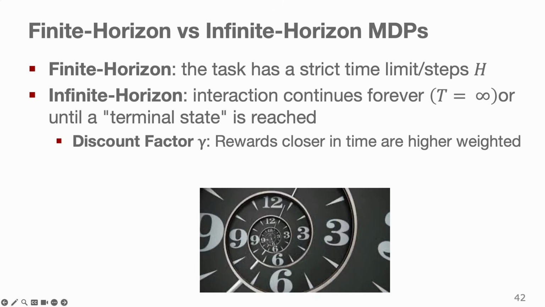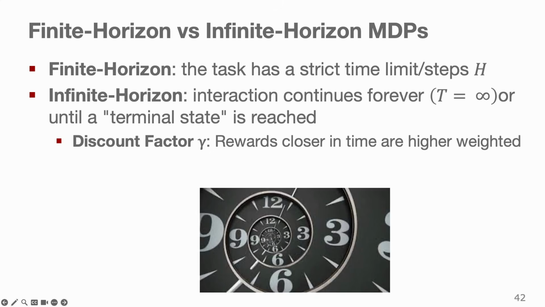And then we have infinite horizon MDPs, which technically continue forever to infinity or until a certain terminal state is reached. And this is more common in autonomous navigation or long-term kind of tasks.